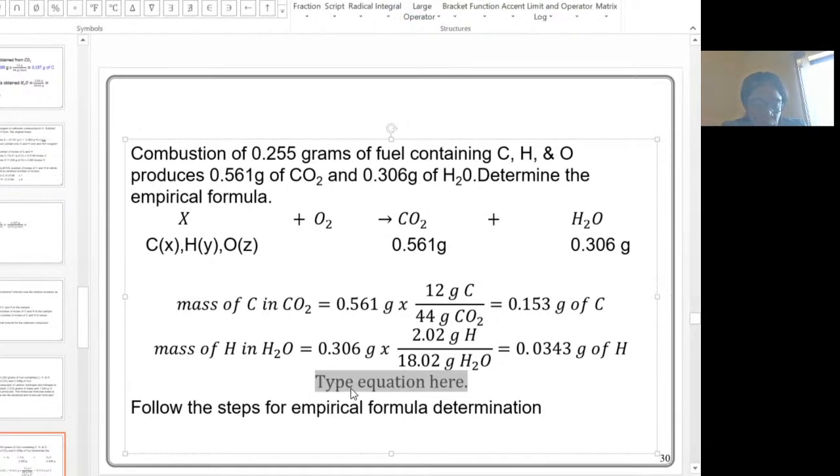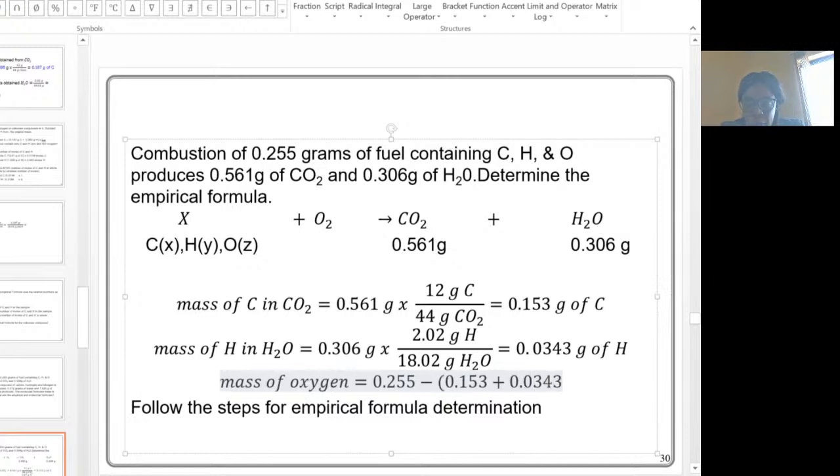The mass of oxygen will basically be the total mass of the fuel, which is 0.255 minus 0.1153 plus 0.0343.